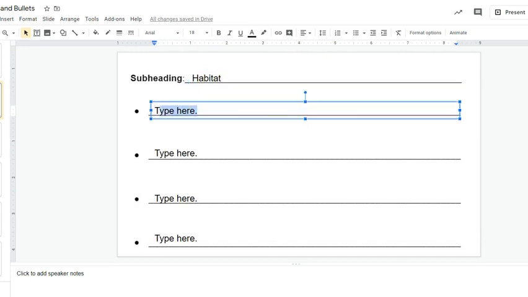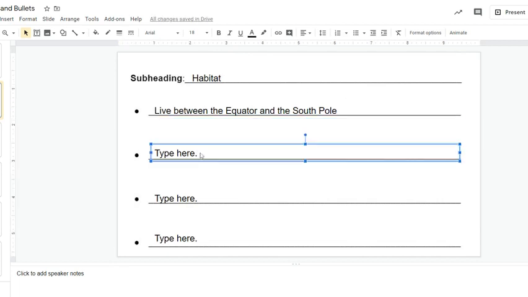Well, I know one thing that I read from the text said that penguins live between the equator and South Pole. So I'm going to put live between the equator and the South Pole. That's one of my bullets.